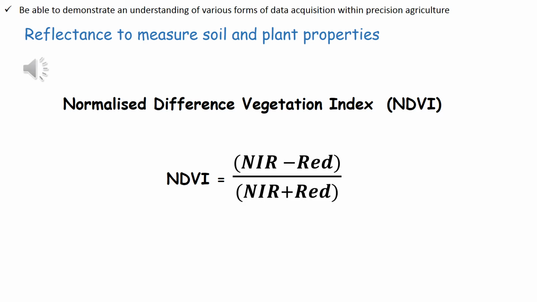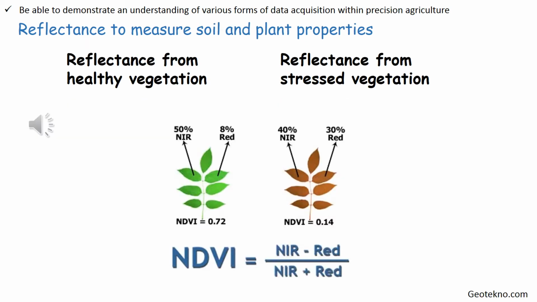Thus, the NDVI, the Normalized Difference Vegetation Index, is a measure of the reflectance calculated from the near-infrared (NIR) and the red bands according to the equation shown in this slide. NDVI can be thought of as a measure of how green the plant is.